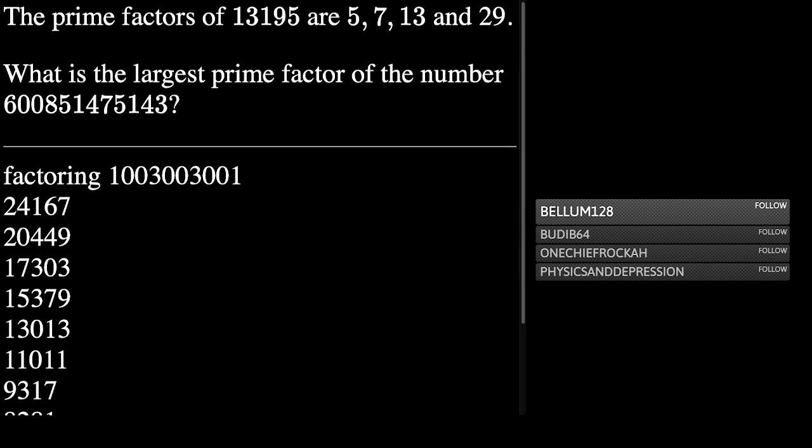Let's see what happens here. So what I'm going to do is factor this thing, and then, oh, actually, those won't necessarily be prime either. That's okay. We'll figure it out. Okay. Wait, what was the original question? Where's my original number? Here it is, 6, whatever it is.